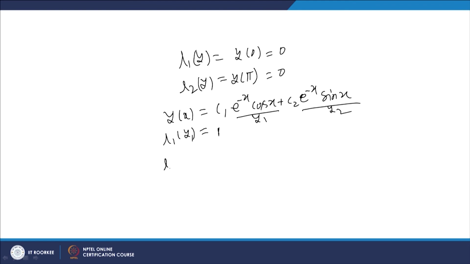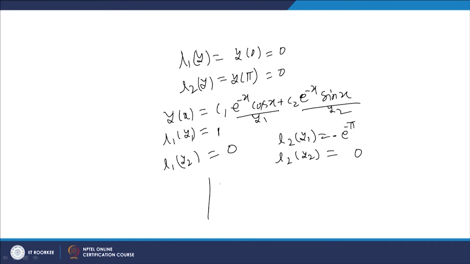Now, L1 of y2 is what? Defined at 0, this is going to be 0. Then L2 y1 means this defined at pi. So, it is e to power minus pi, and cos of pi is minus 1, so it is minus e to power minus pi. L2 of y2 is again going to be 0.